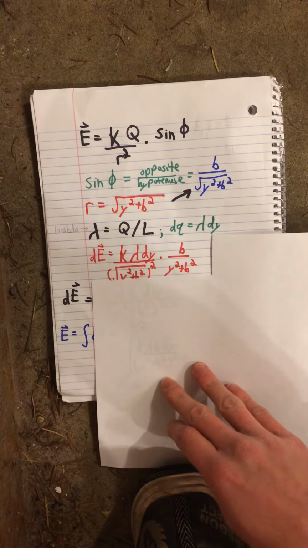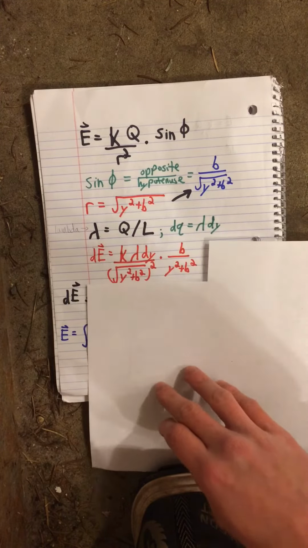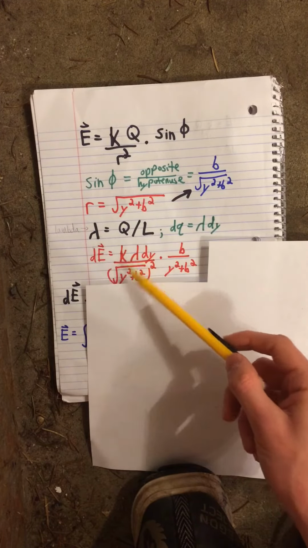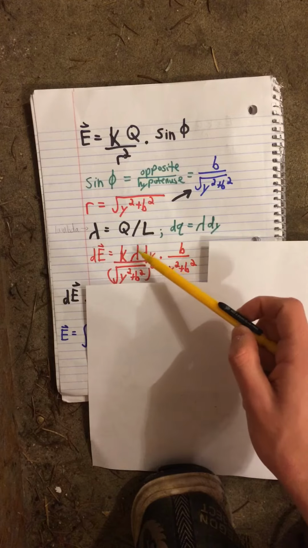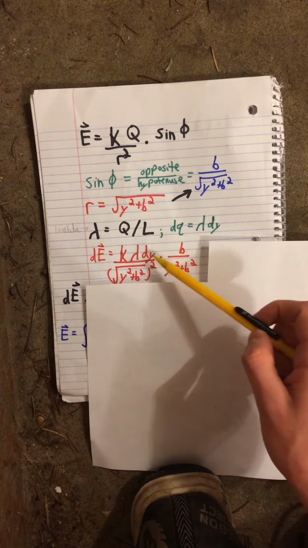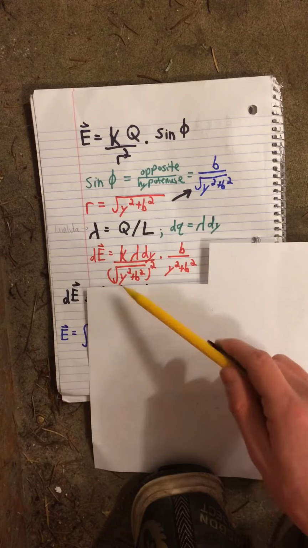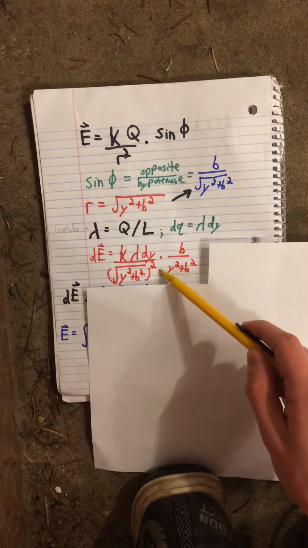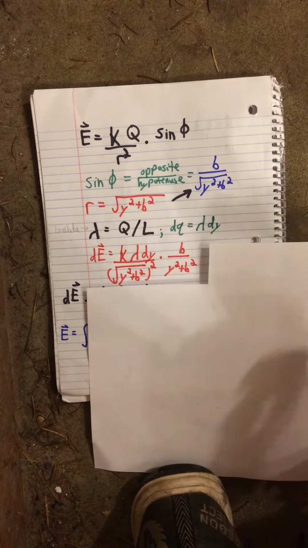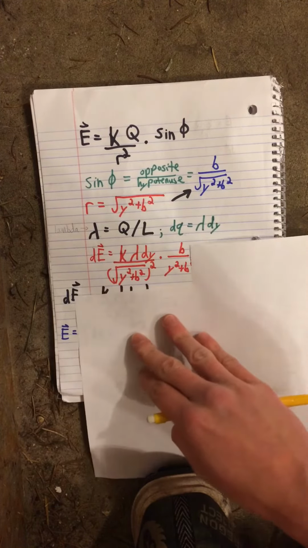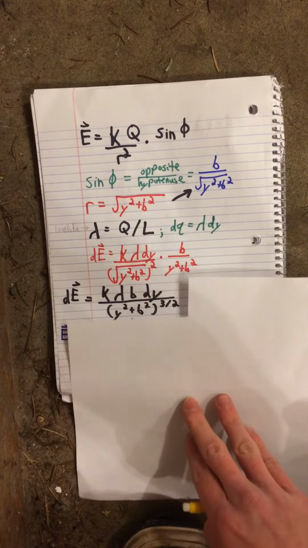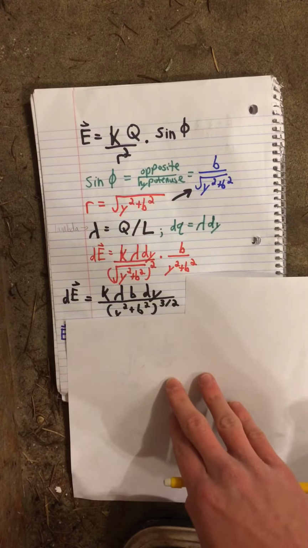And now when we plug all of this in, we're finding the derivative of the electric field is k, and then this would have been dq, but now it's lambda dy, over r squared, which we found, and then this is sine of phi, which we found earlier. So we know that the derivative of the electric field is that.